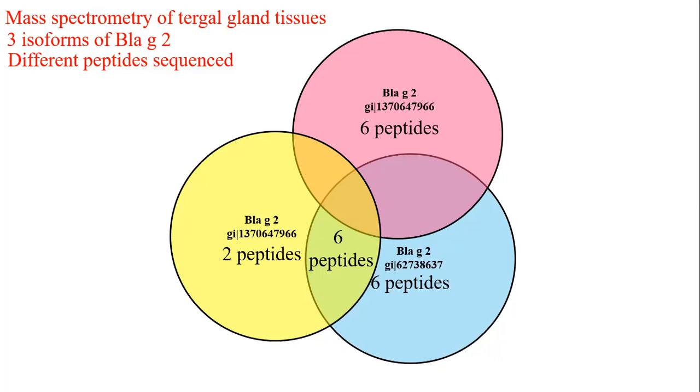But the second isoform in green and the yellow isoform share peptides. So they have similar sequences in some regions. Some of their peptides overlap, but some of the peptides are also different. There are 6 peptides unique to the isoform in green and 2 peptides unique to the isoform in yellow.